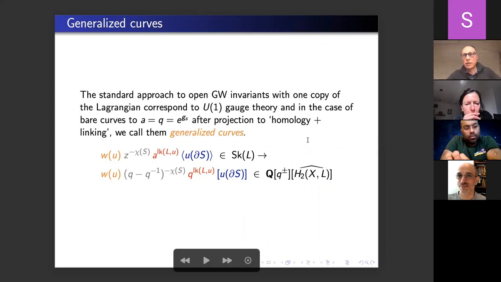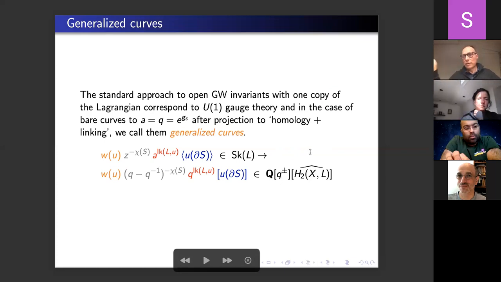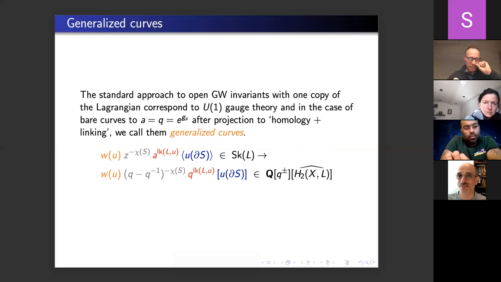So let me now move on and do the curve counts, which I think is the usual curve counts. Sometimes you're putting more branes, but when we put one brane on the Lagrangian, it corresponds to U(1) gauge theory, and here we would put A equal to g_s. And in that case, the skein module will simplify and just have one variable, right? So the ring would depend on just one variable.